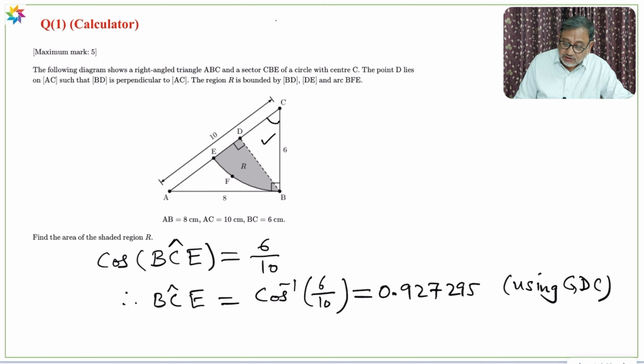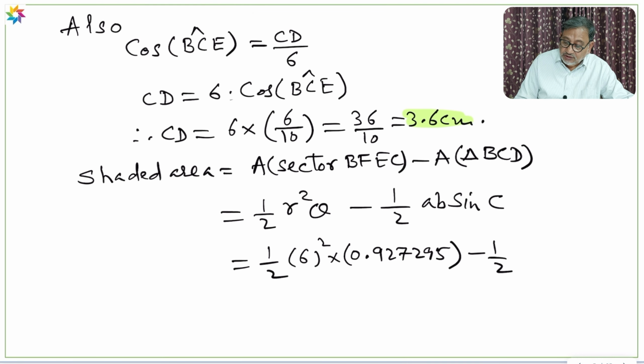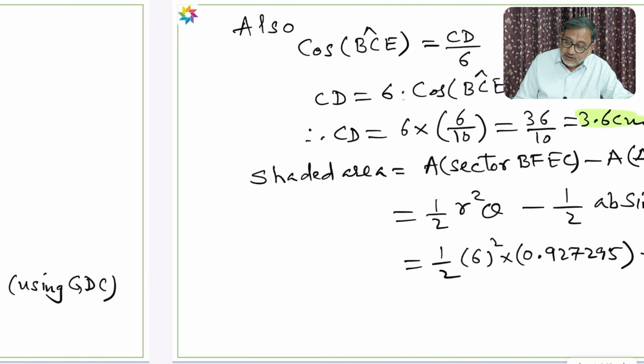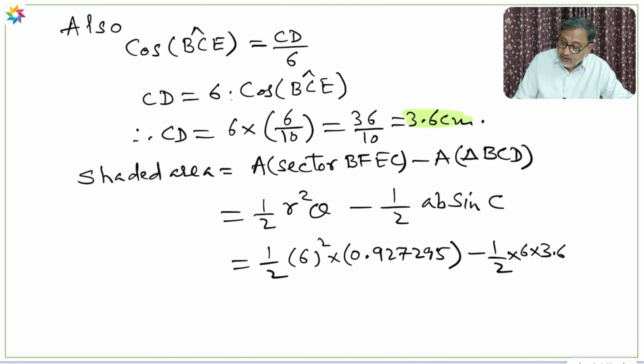So two sides, 6 into CD, which I have also found. So 6 into 3.6, right? And then sine of the same angle C. Angle C will remain the same, into sine of, let me move it a little bit to the left.